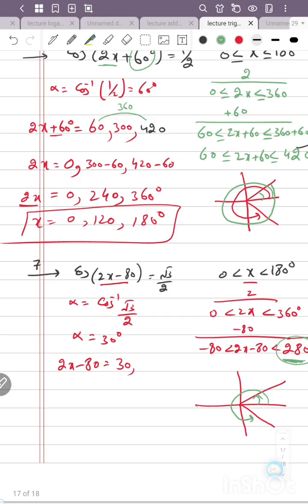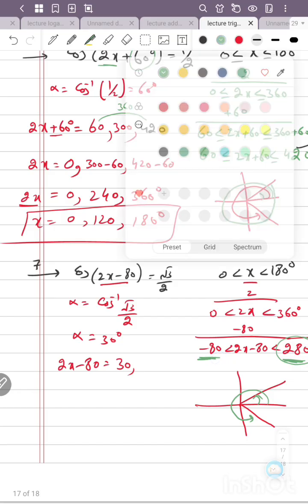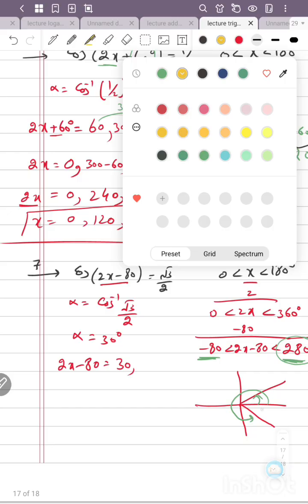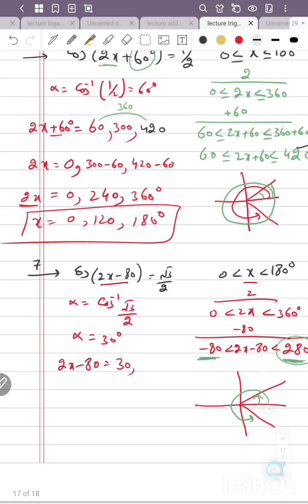After solving this question, the second one has the limit minus 80. Now how do we deal with this one? If we start from the clockwise direction, our first value is minus 30.